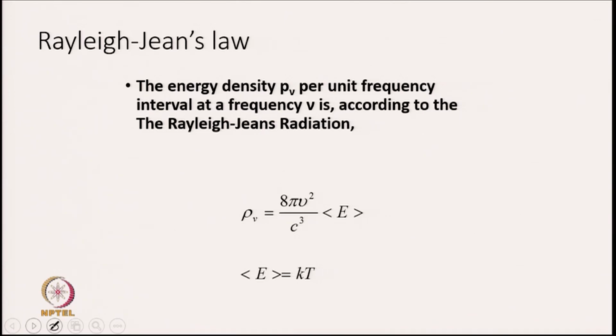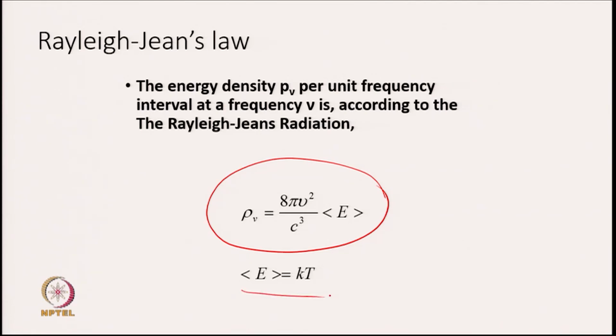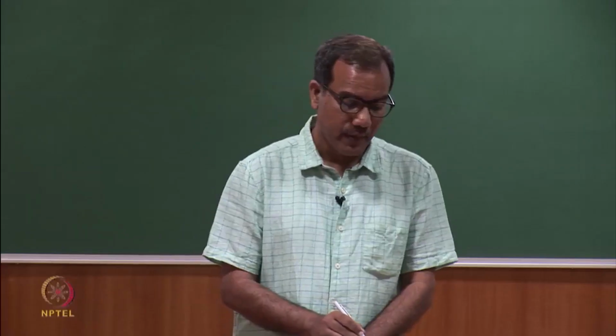They calculated the energy density per unit frequency, and according to this law, the energy density is given by this expression: 8 pi nu square by c cubed, times the average value of E. And according to classical physics, this average value of E is equal to kT.